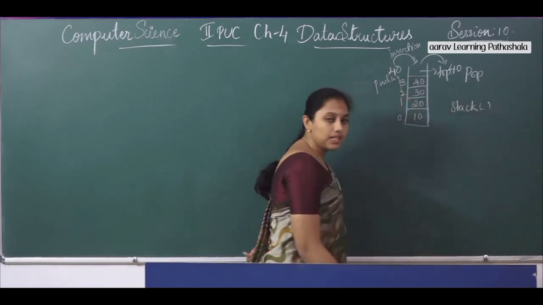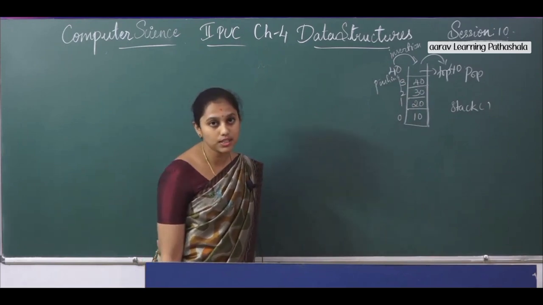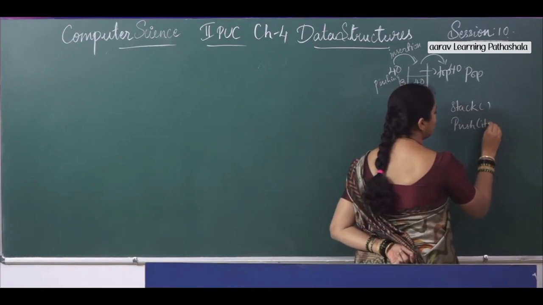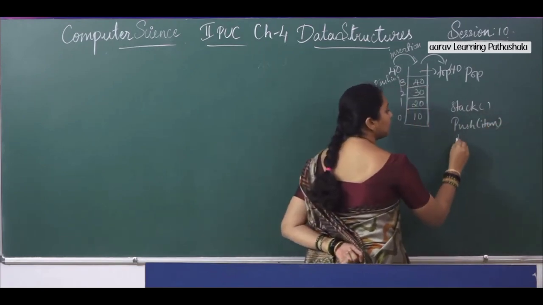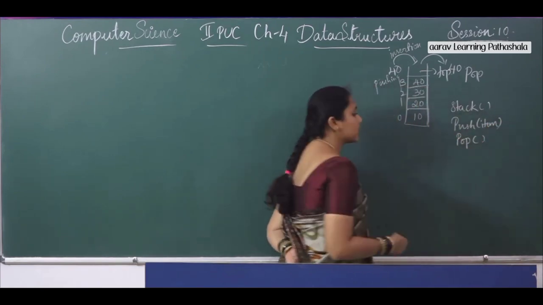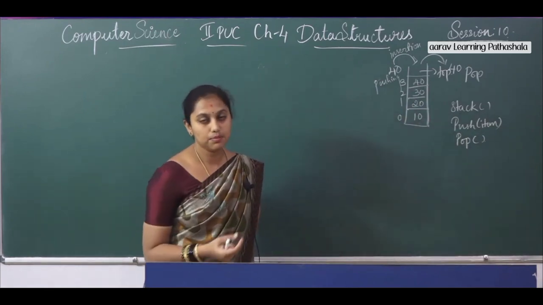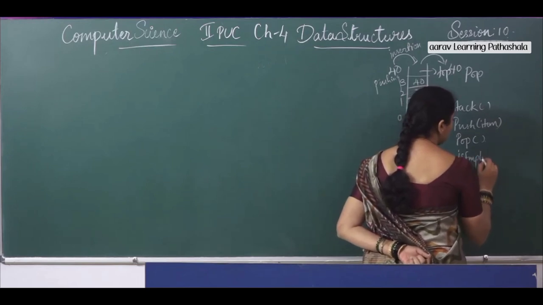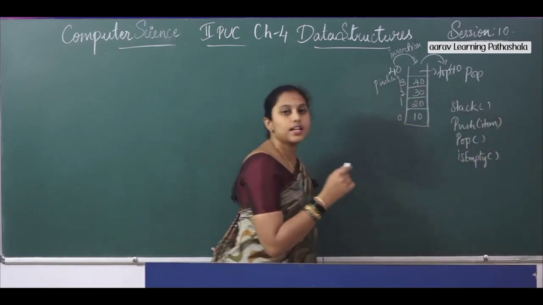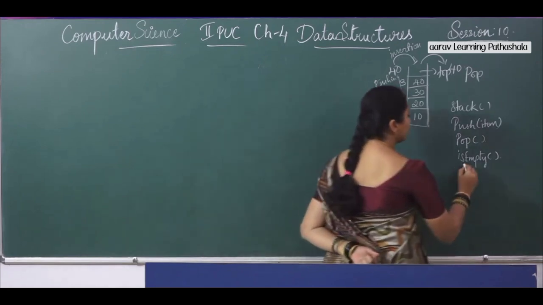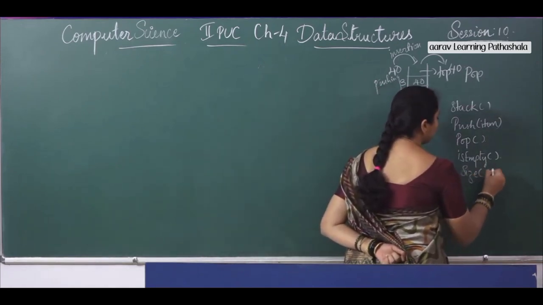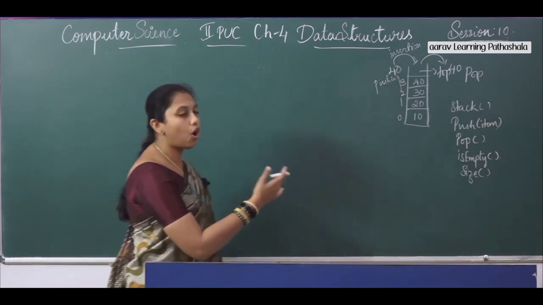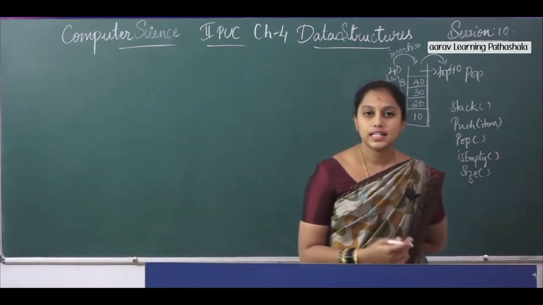To create an empty stack we are using stack function, and push function is used to push an item into the stack, and pop function is used to remove an item from the stack, and is empty function is used to check whether a stack is empty, and size function is used to return the maximum elements of the stack. So these are all the operations what we can perform on stack.